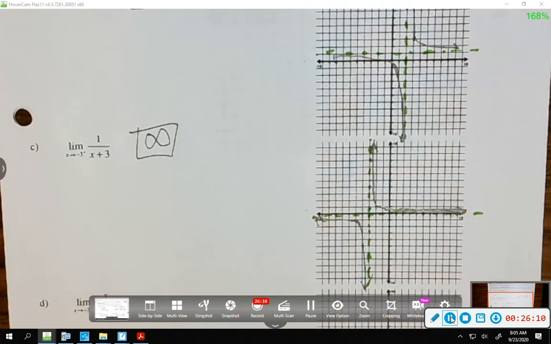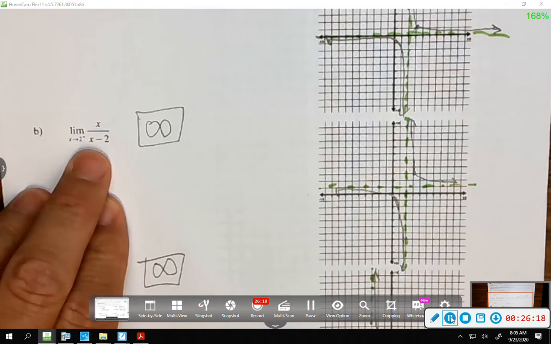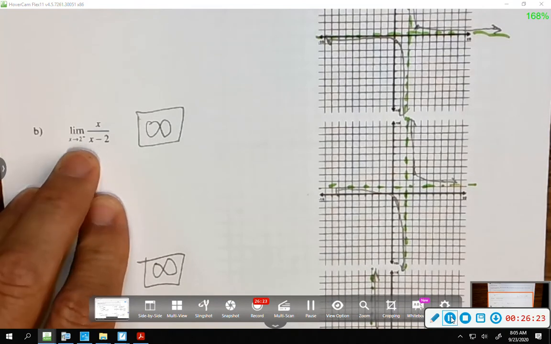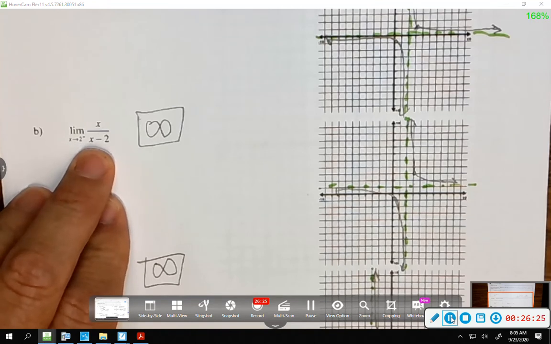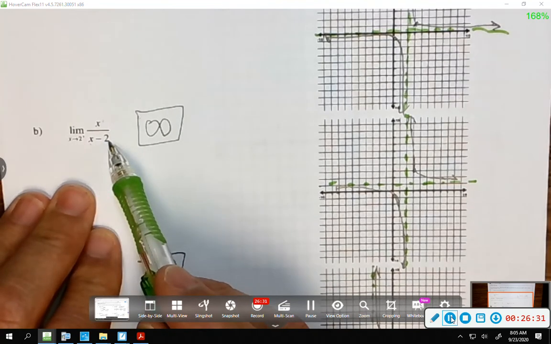Now, let's talk about being able to just think about these again. Let's go back up here. Let's pick a number to the right of 2, but really close to 2. Like, let's just use a decimal, 2.1. 2.1 over 2.1 minus 2, well, that's 0.1, which is 1/10.